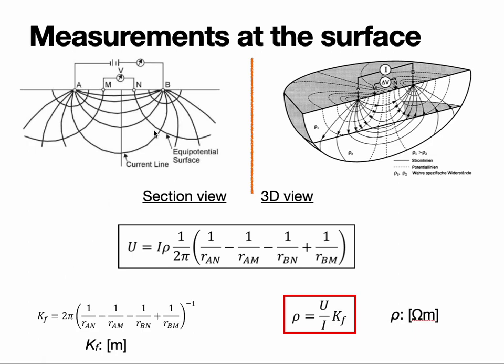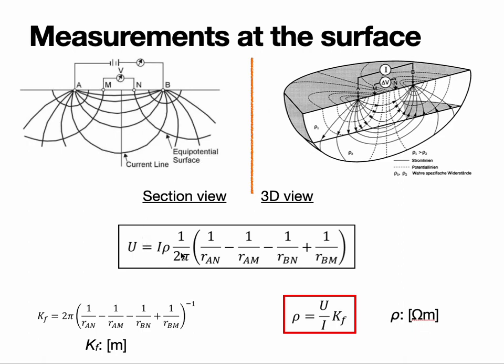equipment. You see a system in section view. You have 2 electrodes that inject current, A and B, and we have 2 electrodes that will record the potential field to measure the tension between the 2 points. So that's in fact a section view of the 3D figure I showed you before. So it's a little section here.